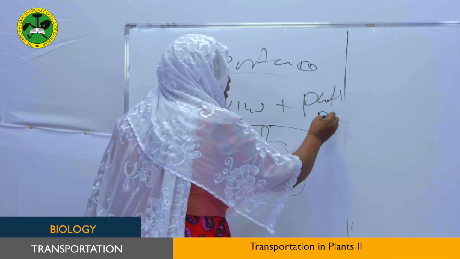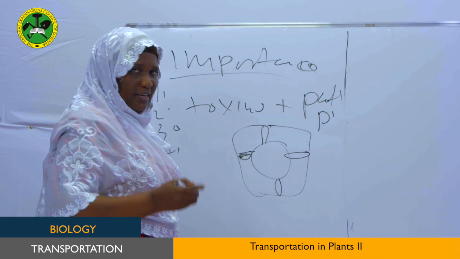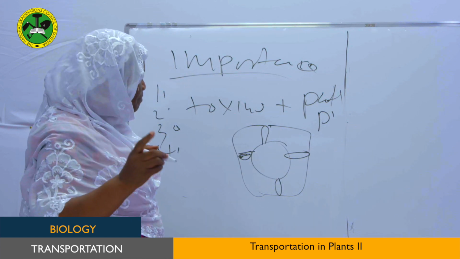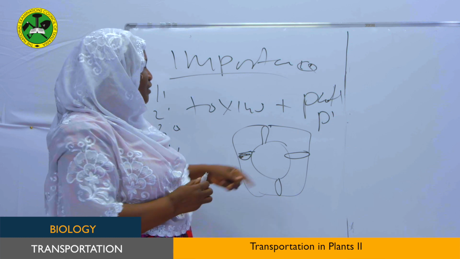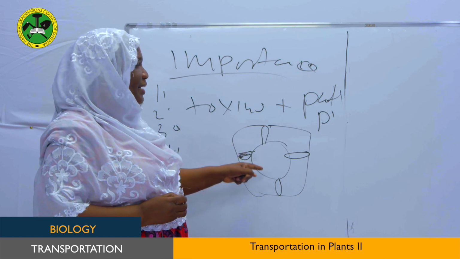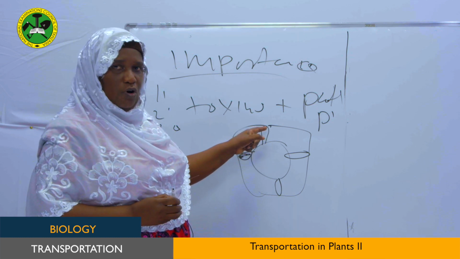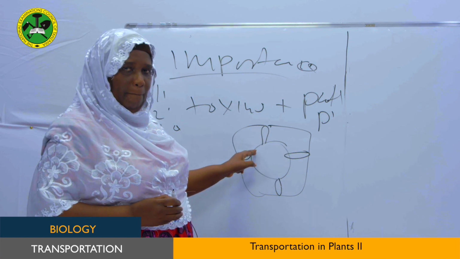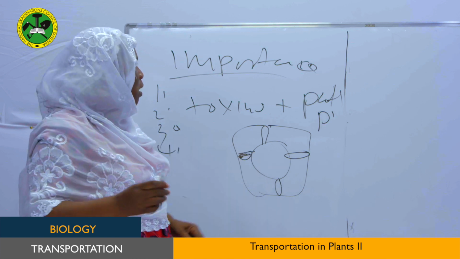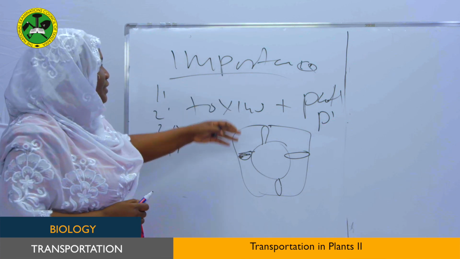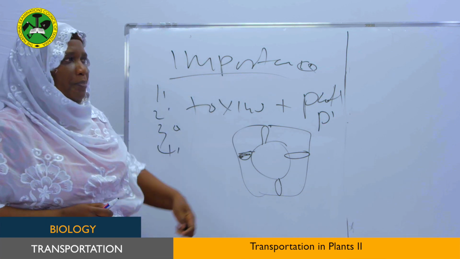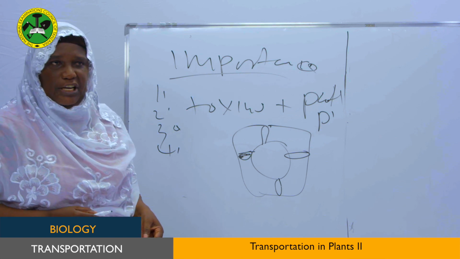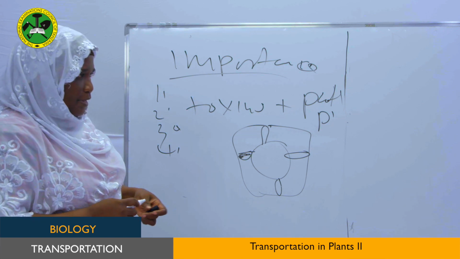So, if plasmolysis takes place, the membrane will still be attached to the cell wall because of the presence of these bands. So, these are some of the importance of Casparian strips in roots.